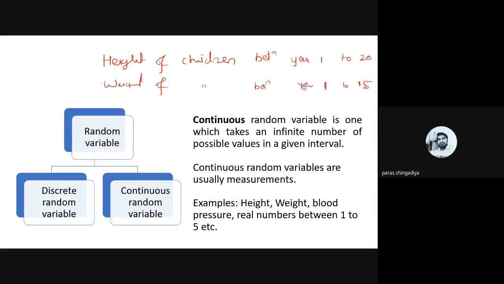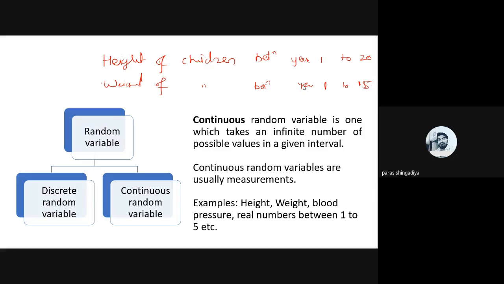So in these examples, if the quantity is not fixed, the outcome is not fixed in the given time interval, then it is called a continuous random variable. If it is a fixed output, meaning a finite, countable value, then it is called a discrete random variable.